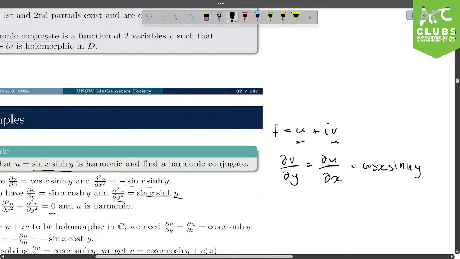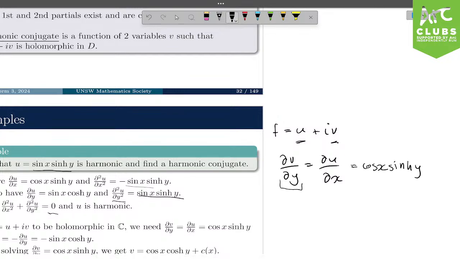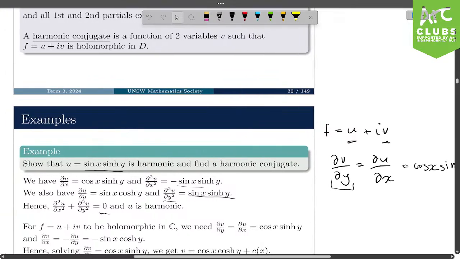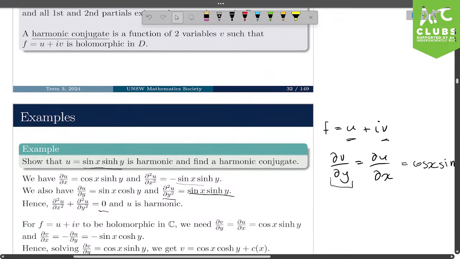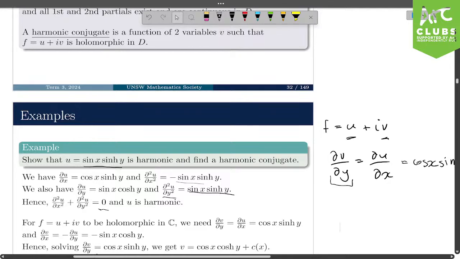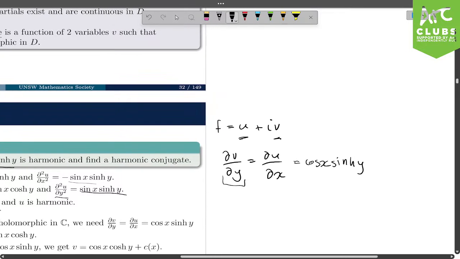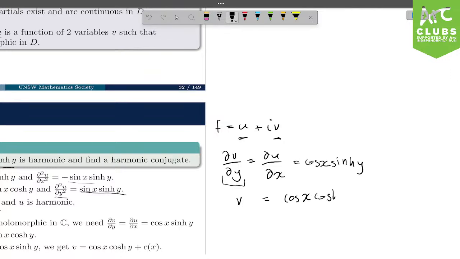And now we have an expression for the derivative of v. If we integrate it with respect to y, we'll get an expression that looks something like what v should be. When we integrate it, we end up with v equaling cosine x cos y plus some constant of integration.